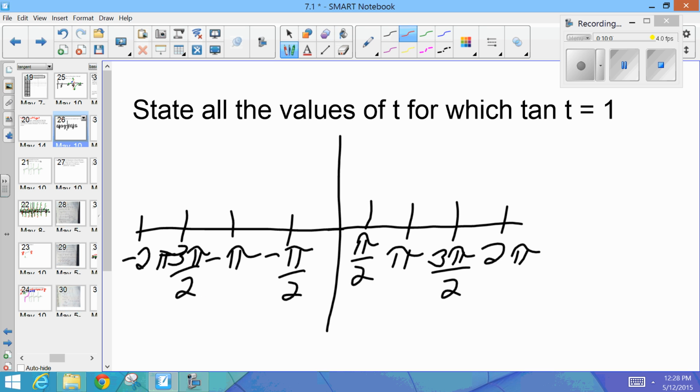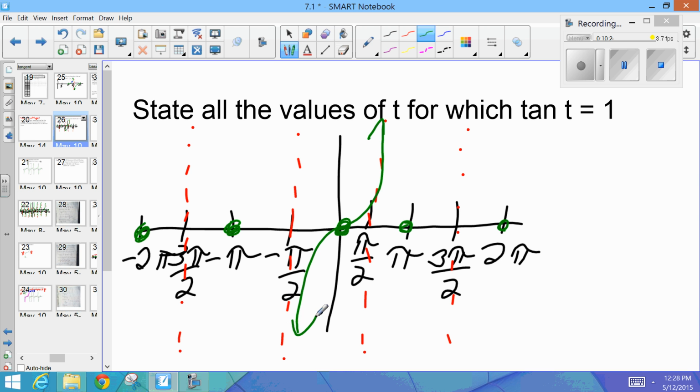We've got vertical asymptotes at all the odd multiples of pi over 2. We've got zeros at every multiple of pi. Concave up to the right, concave down to the left. Oh my, it's really sloppy.